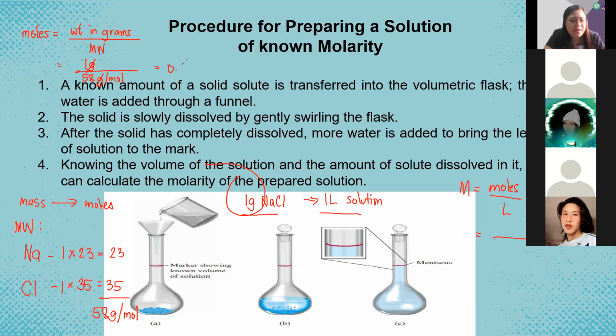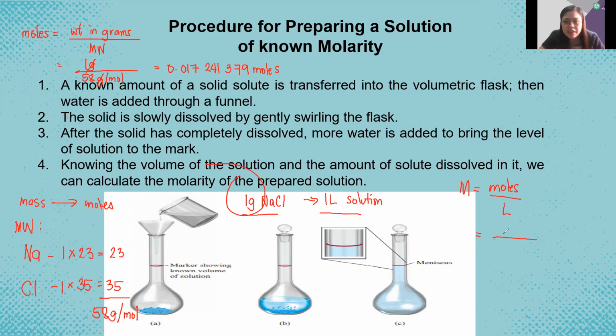So let's be patient with a lot of numbers here. 0.017241379 moles. Okay, so we have now the moles. Any question first before to mag-proceed? Wala? You can send your questions to chat ha, if you are unable to turn on your microphone.